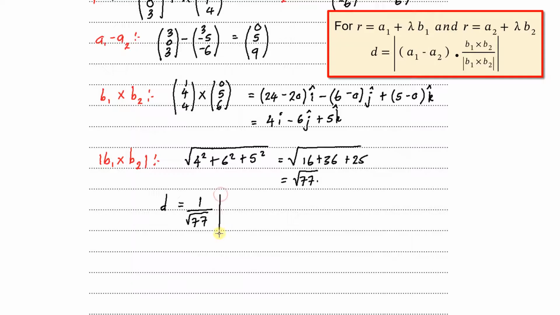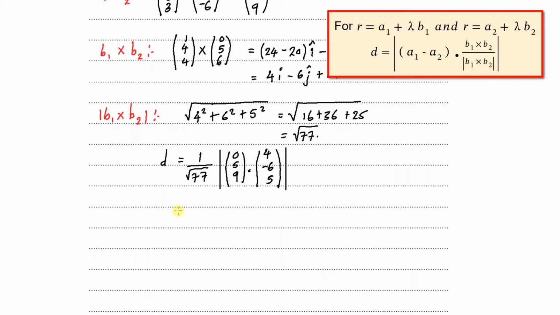So that's 1 over root 77. And here under modulus, I'll have the dot product of A1 minus A2, so that's (0, 5, 9), dot B1 cross B2, which we got to be (4, -6, 5) in column vector form like this. So let's simplify this.